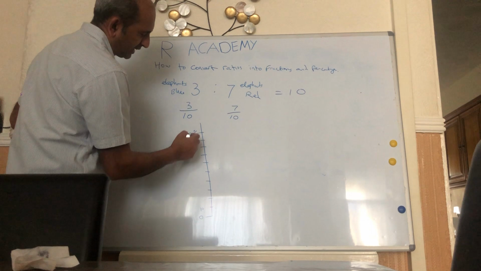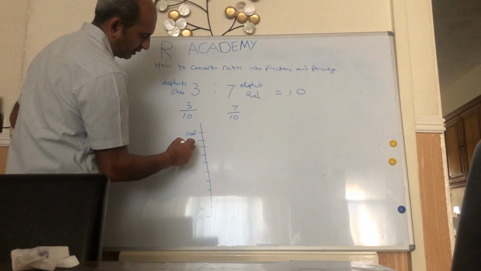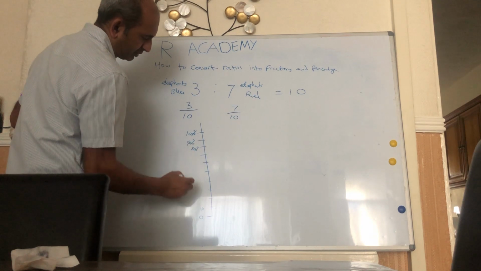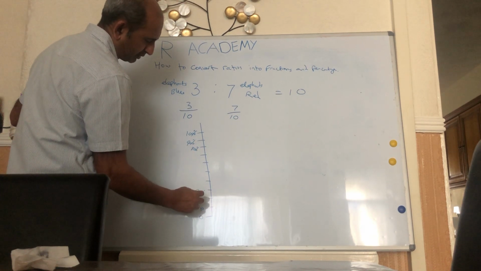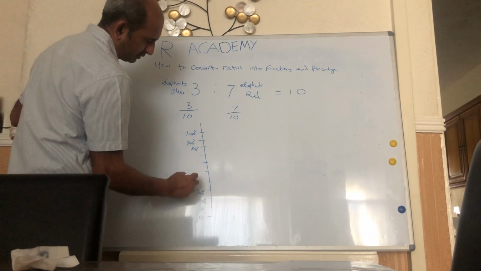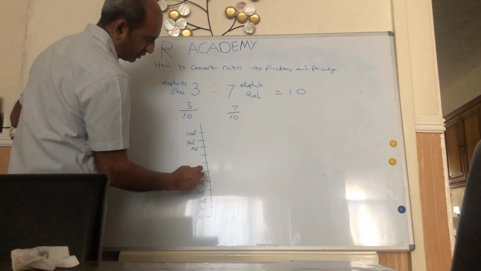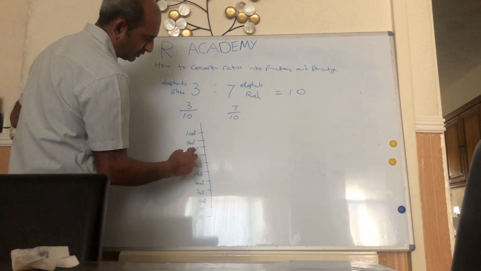So this would be percentage, 90%, 80%, and so on. And this would be 30%. Yeah. So you can label it. This is how I would label it. And this is an easy way to work something like that out.